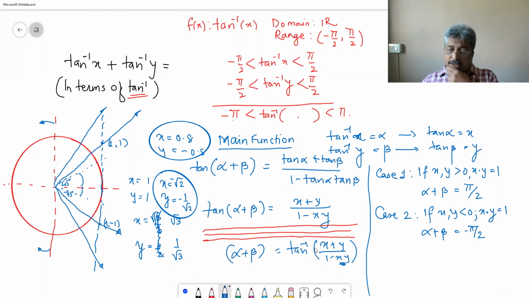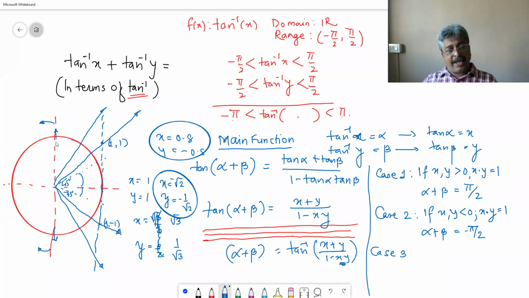So now if we look at this main function, we will also get case 3, which is the safe case. What is the safe case? x into y is less than 1. If x into y is less than 1, because the moment it is equal to 1, we reach pi by 2 or minus pi by 2.